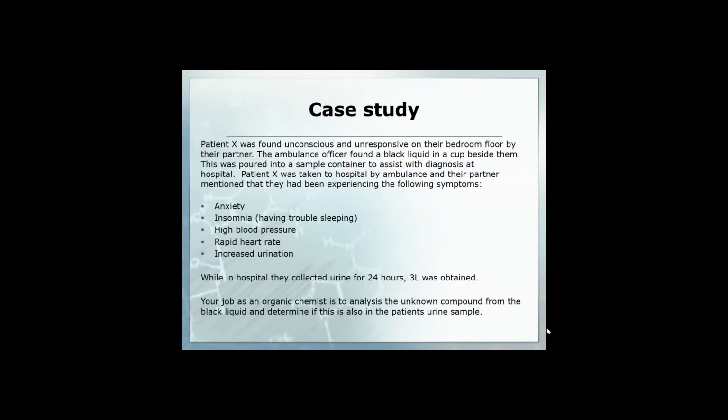When they were put into hospital, they were able to collect 3 litres of urine over a 24-hour period. When they were interviewing the partner of the patient, she said that they had anxiety, insomnia, so that's having trouble sleeping, high blood pressure, rapid heart rate, and an increase in urination.